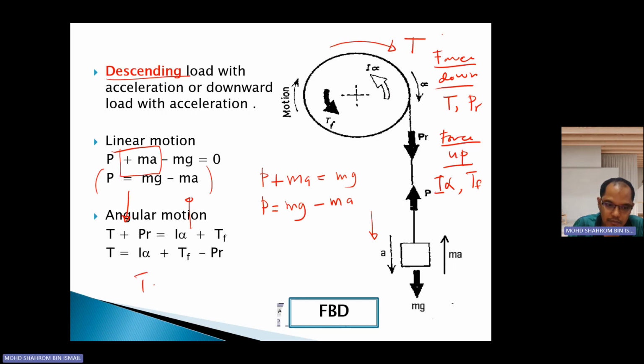So T plus PR is equivalent to I alpha plus TF. Rearrange it, and you get this equation.